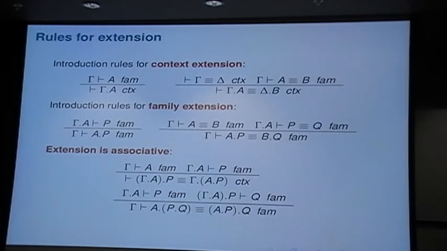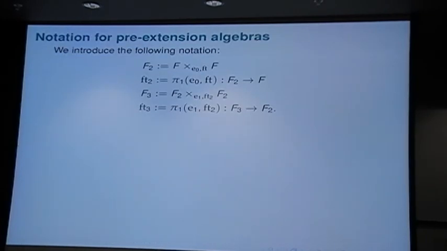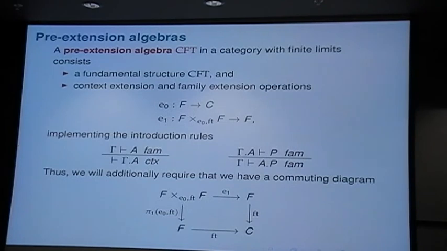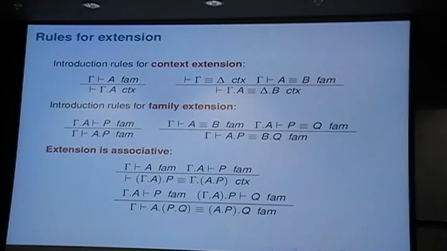Later on you say, for example, an extension algebra is this. Why don't you say it in terms of type theory? I can write down what E0, E1 is in terms of type theory, and then I can write down what this equivalence is, and it becomes much clearer. But I did write it down. The upper thing here is the E0, and the lower thing is the E1. I just didn't call them E0 and E1.